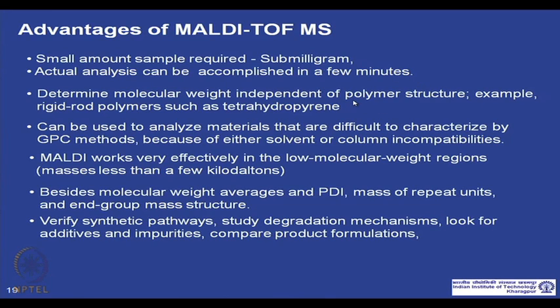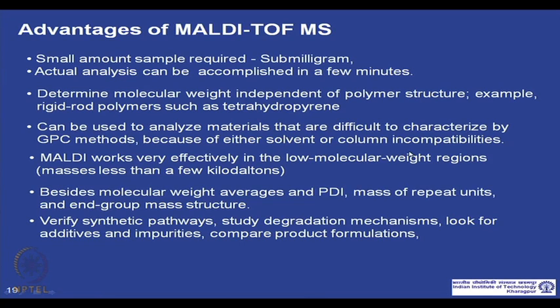It does not depend on whether the polymer structure is linear. For example, for gel permeation chromatography, we typically use the principles and postulates of a Gaussian flexible polymer chain, but in this case polymers having any shape or any structure can be determined.